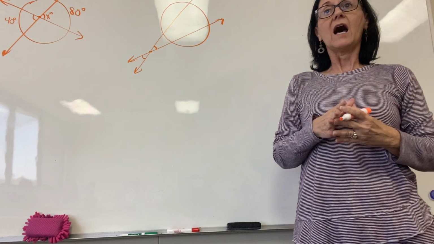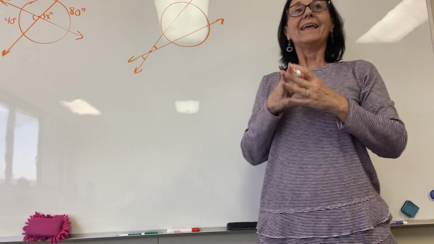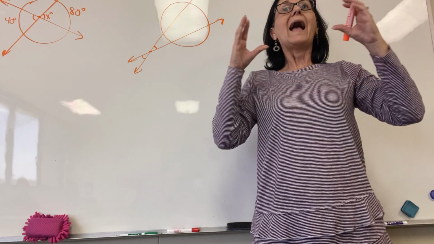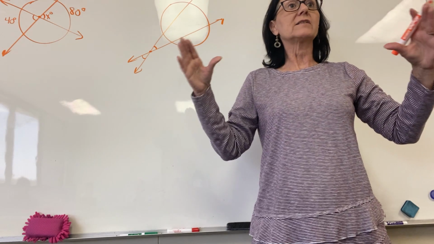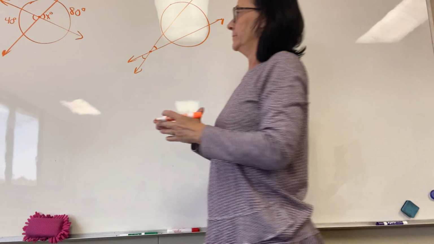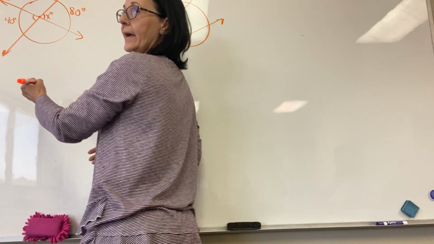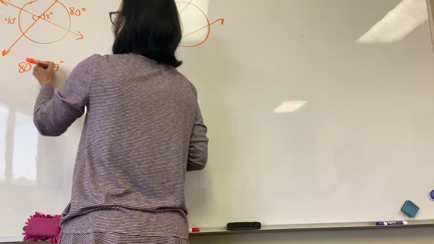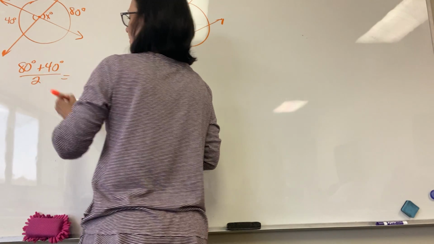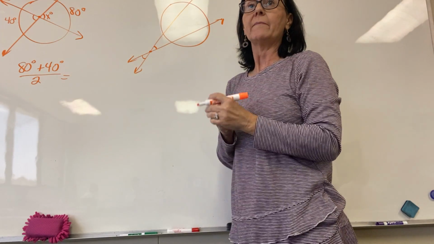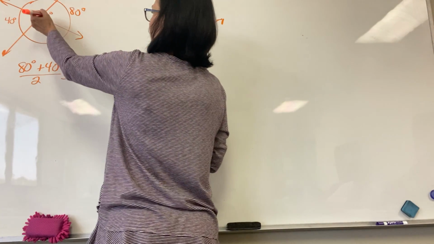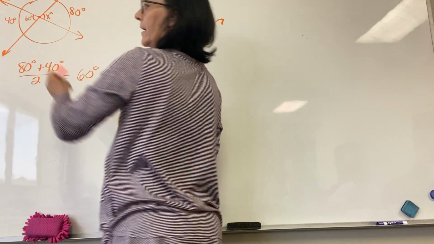When the secant lines intersect inside the circle, you add the measure of their arcs and divide by 2. So the value of x is going to be 80 degrees plus 40 degrees divided by 2. So it's 120 divided by 2, which is what? 60 degrees. So the measure of that angle would be 60 degrees.